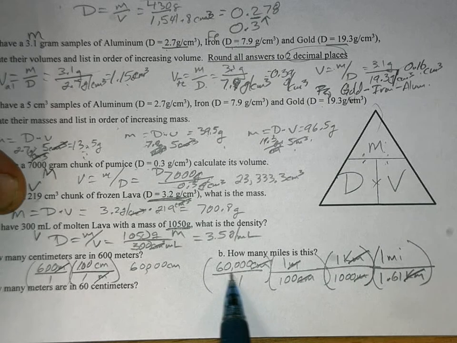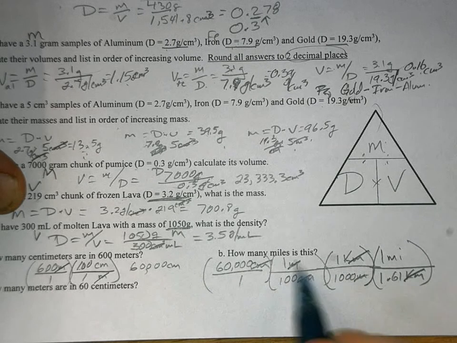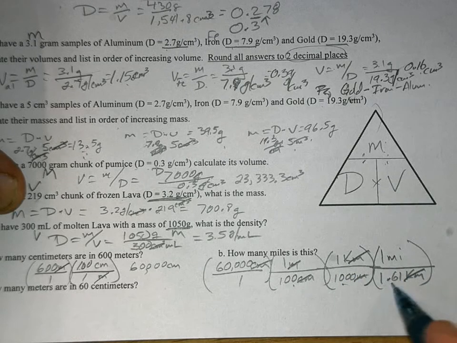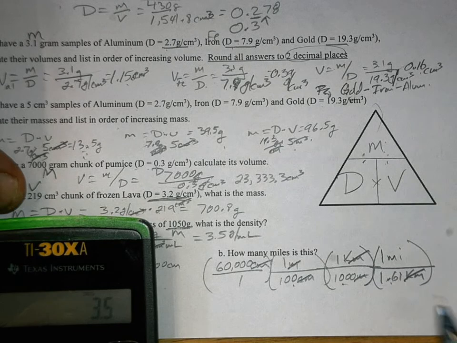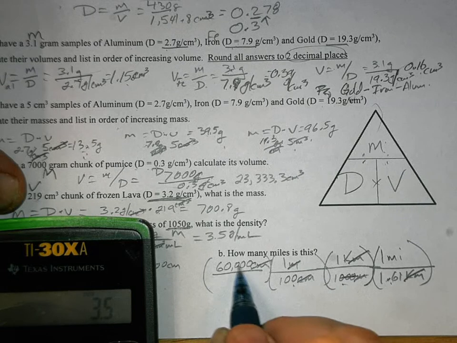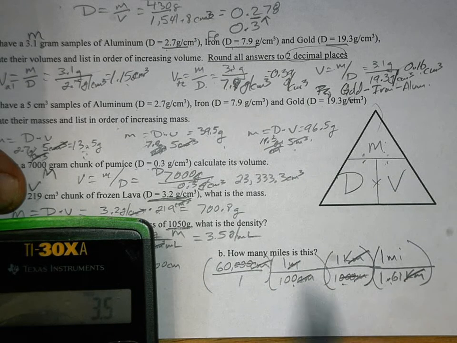So now you're going to do 60,000 divided by 100 divided by 1,000 divided by 1.61. You can make it easier on yourself. See these 3 zeros? We could cancel those out. So now it becomes 60 divided by 100 divided by 1.61.